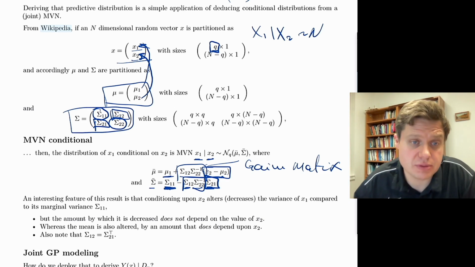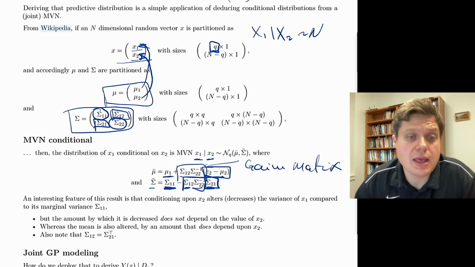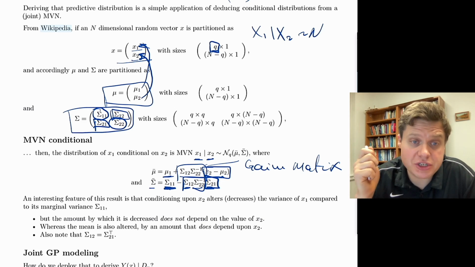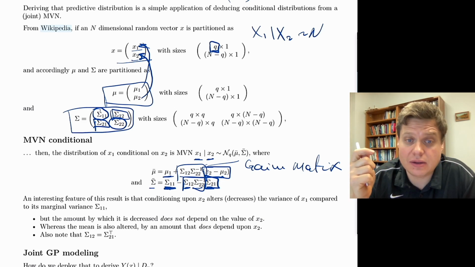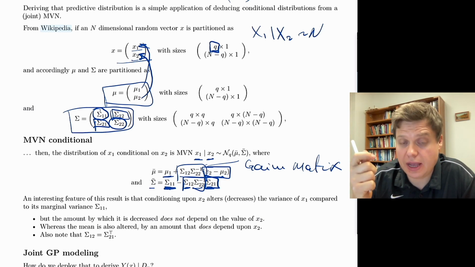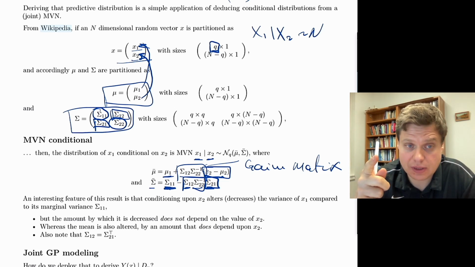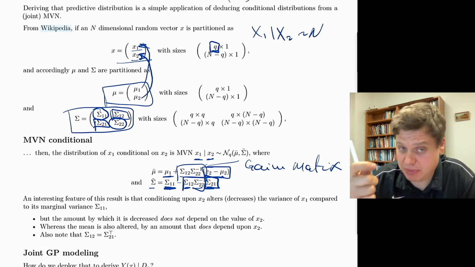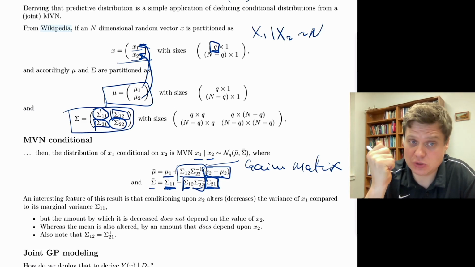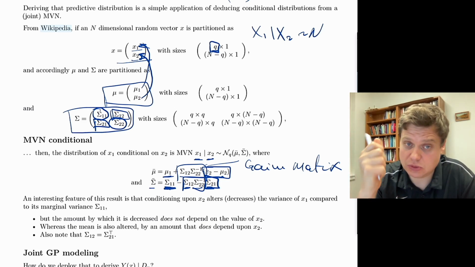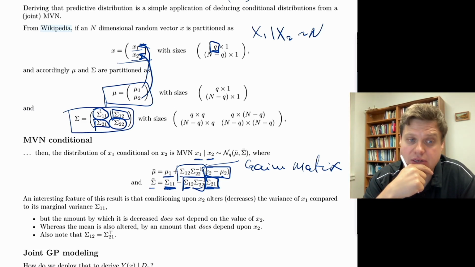That's very intuitive. But the amount by which it decreases does not depend on the value of x2. It depends on the covariance between x1 and x2, whereas the mean also changes, and the amount by which it changes does depend on x2. So the mean of x1 shifts in relationship to x2, and the covariance does not depend on x2. It only depends on the covariance of x1 and x2.